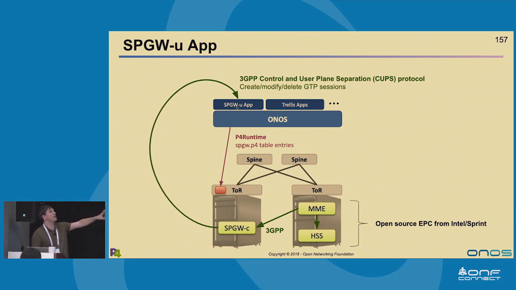In this case, we have an application running on top of ONOS that on the northbound implements the same 3GPP standard API. So the 3GPP calls to create, modify, and delete subscriber tunnel termination are then translated by the application to P4 runtime entries.